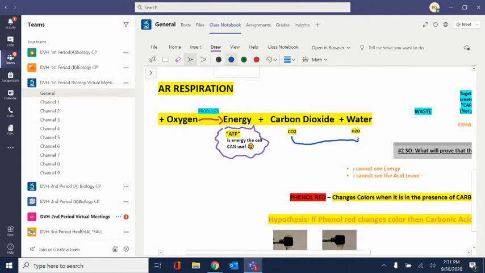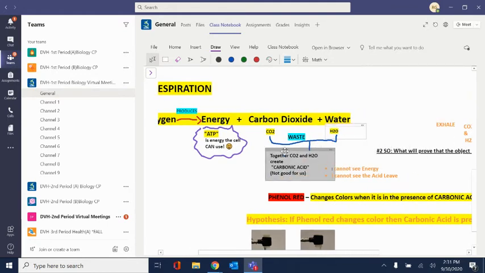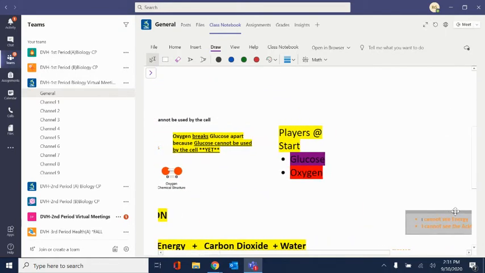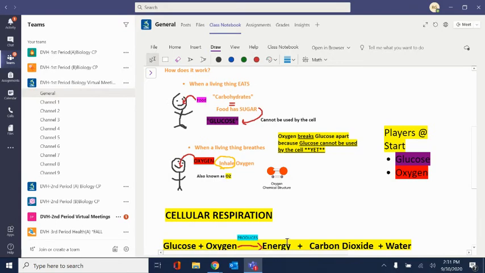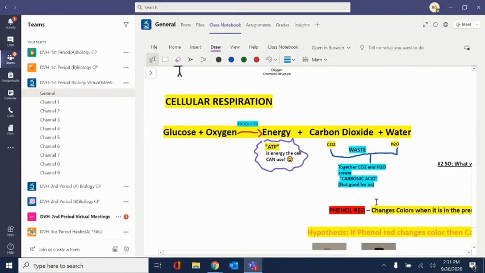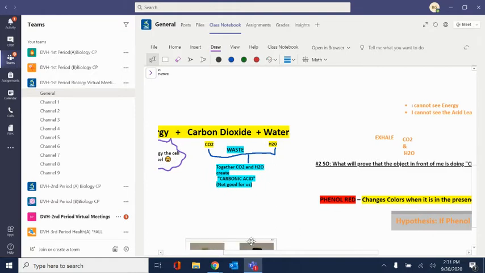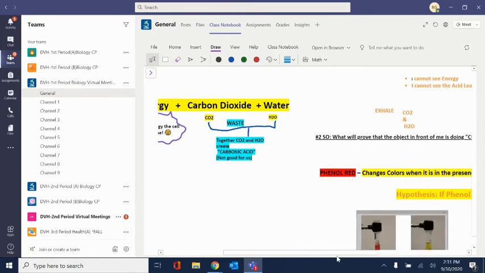What happens when carbon dioxide and water are together is they form acid.